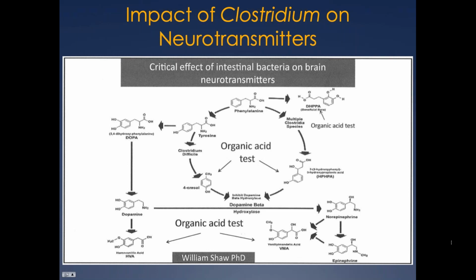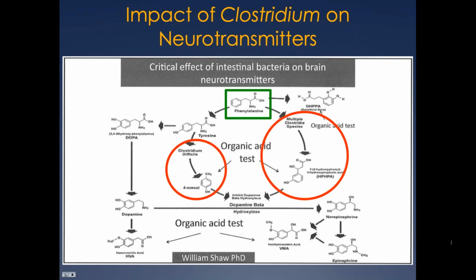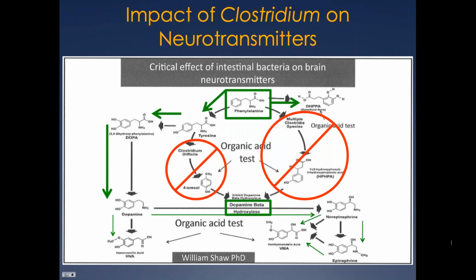And this is why I presented that whole area with enzymes and how they can be facilitated and why they are important to bear in mind as we think about the progression of one molecule to the next biochemically. When things are working well, we can see here that we start with this product phenylalanine, and it can go in several different pathways.